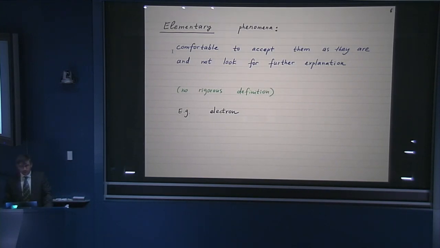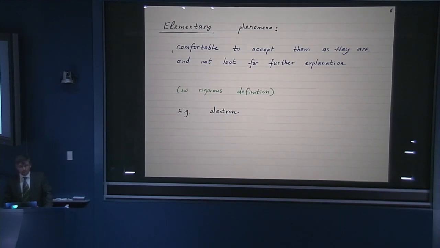Also, particle physics gives a good possibility to illustrate this concept of elementary phenomena, or elementary particles, as we say in particle physics. Always, at some point we stop. We try to look for this explanation of what we observe at smaller and smaller scales.